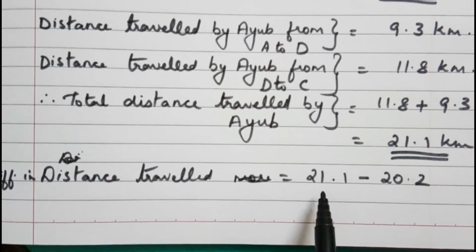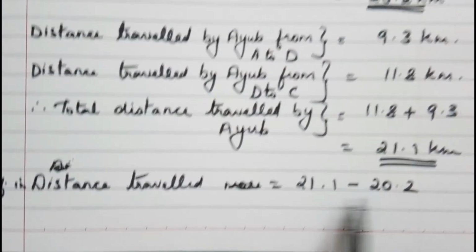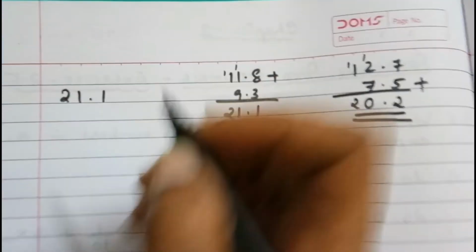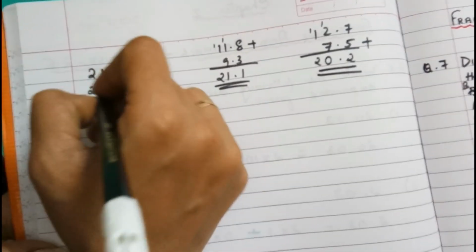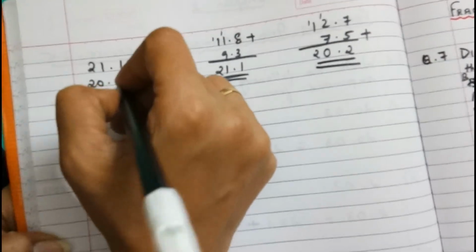Why? Because we write the bigger number first and then the smaller number when we have to subtract. Now let's subtract here. 21.1 minus 20.2. Okay.